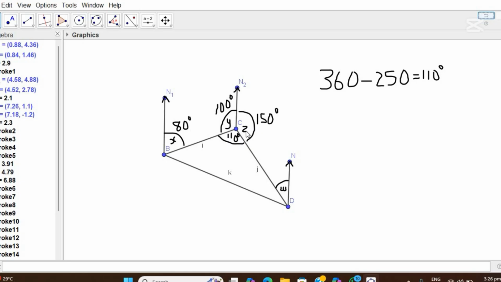The angle Y, Z, and the 110 here should be 360 degrees. You will utilize these properties to answer bearings questions. So let's look at a CXC question and how we would approach putting the information on this diagram.